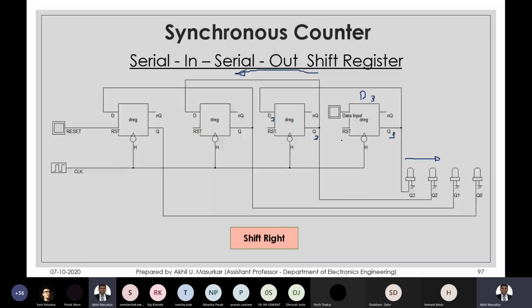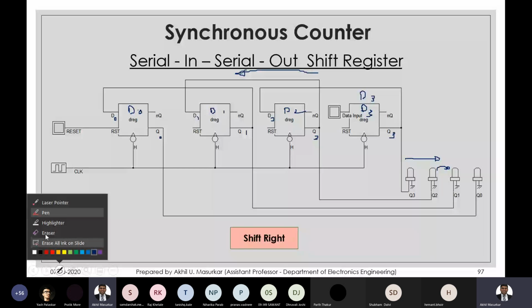The output of Q2 then goes to D1, gives me Q1, and Q1 is now going to D0, which will give me Q0. So this is how it is. This is D0, D1, D2, and D3. So please copy this.